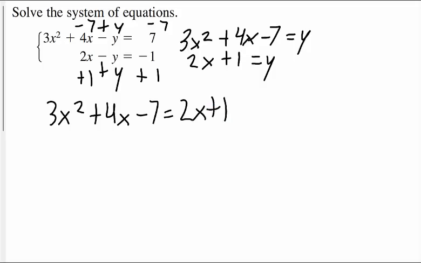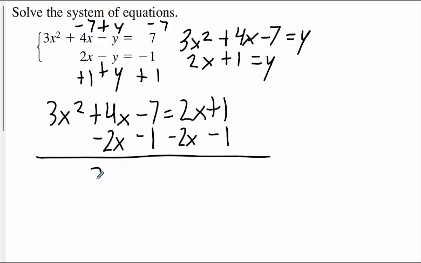Now we want to get this into a form where the right side is 0. So I subtract 1 from both sides, and I subtract 2x from both sides. So I'm left with 3x squared, 4x minus 2x plus 2x, negative 7 minus 1 is negative 8, and that equals 0.